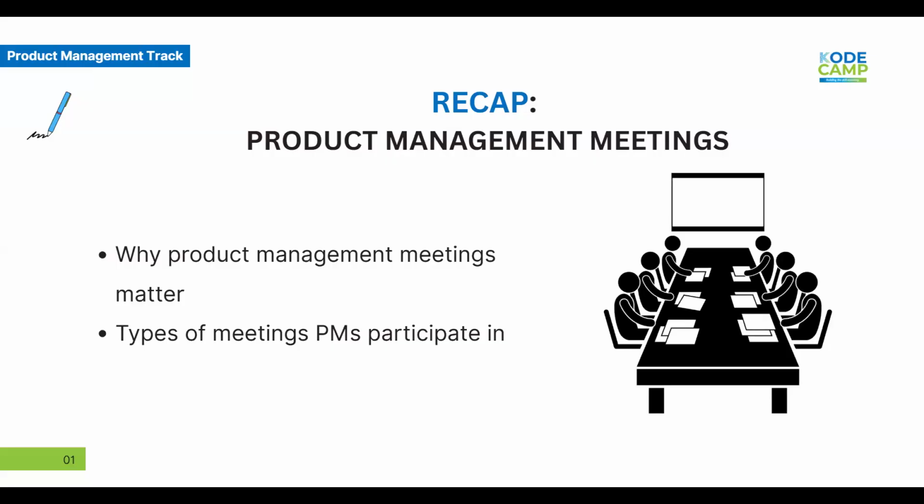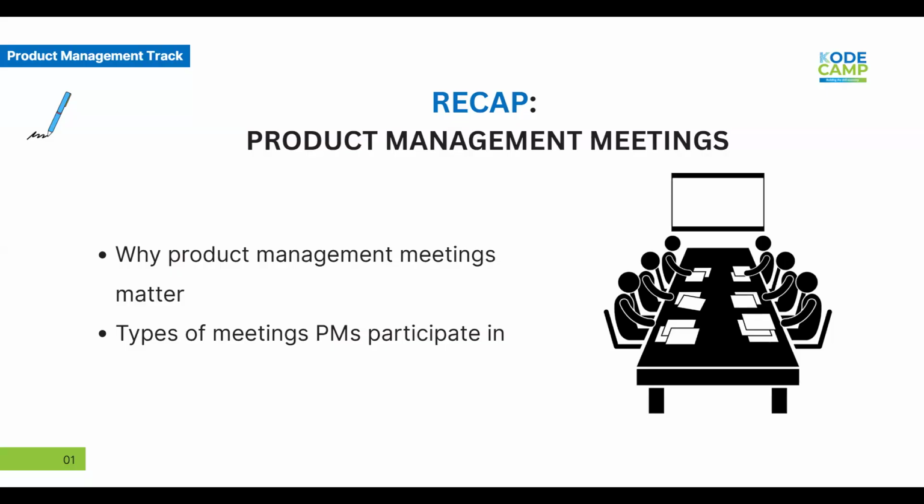We do more than just sitting down and waiting for updates. We are actively moving the product forward. That's what we do as product managers. And we also broke down the key types of meetings last week. You'll find yourself as a product manager in different types of meetings, and we spent time looking at each one of them.